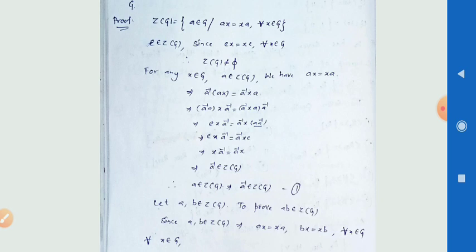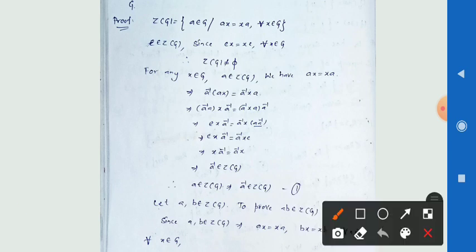Now by the associative property, I am writing A inverse into AX. Similarly I am multiplying A inverse with the right hand side. I am multiplying A inverse on the left hand side of both sides and A inverse on the right hand side of both sides.